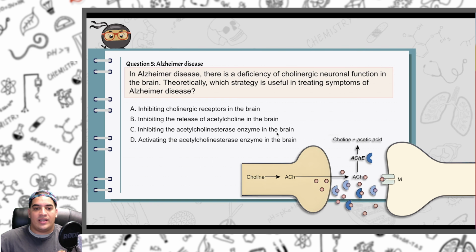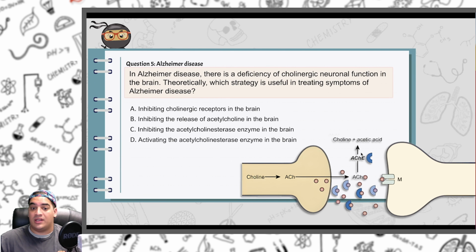Inhibiting the acetylcholinesterase enzyme in the brain. Oh, that'd actually be a good idea because if I inhibit acetylcholinesterase, I prevent the breakdown of acetylcholine and therefore maintain acetylcholine levels in the synapse to stimulate this neuron and improve the cognitive function and memory in patients with Alzheimer's. So it has to be C, but let's keep going. Activating the acetylcholinesterase enzyme.